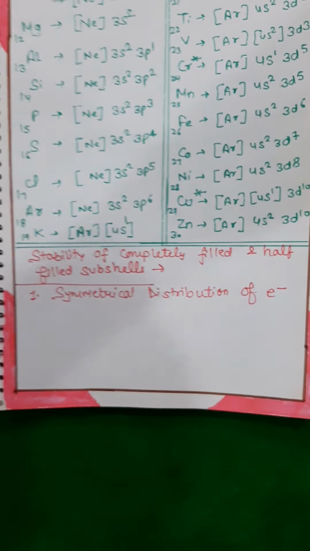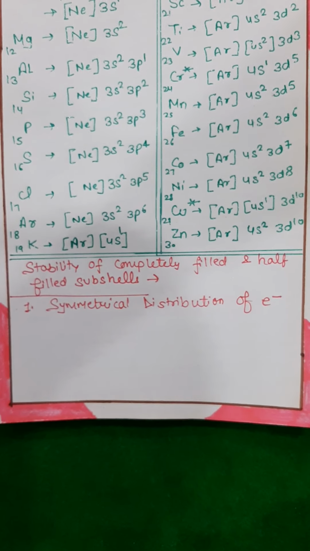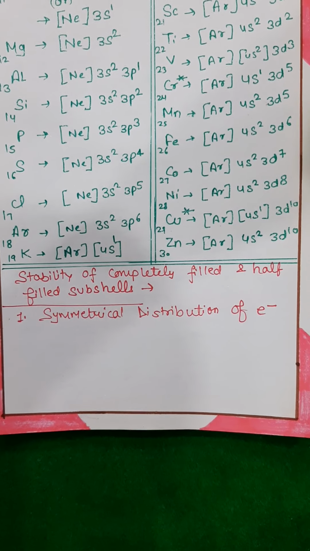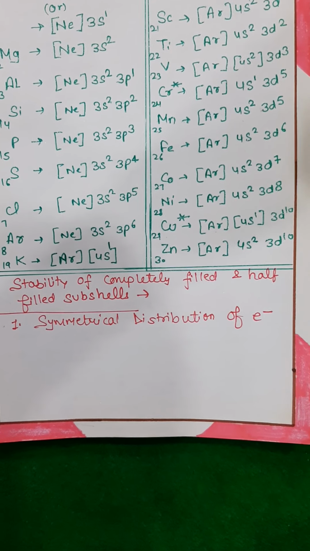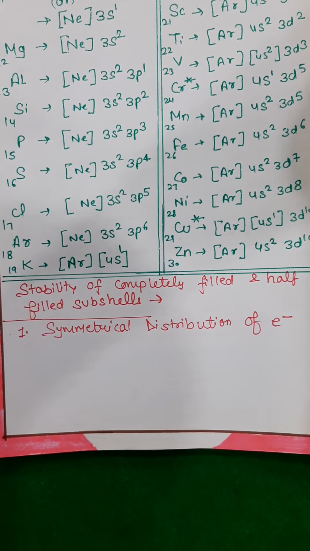Student, if electrons are symmetrically distributed, then it increases the attraction towards the nucleus, which decreases our shielding effect. What is the shielding effect, student?